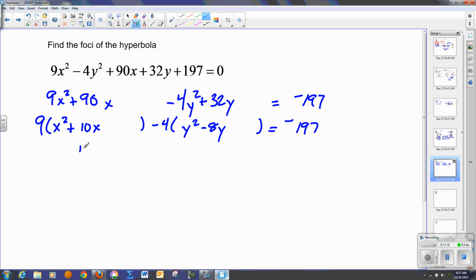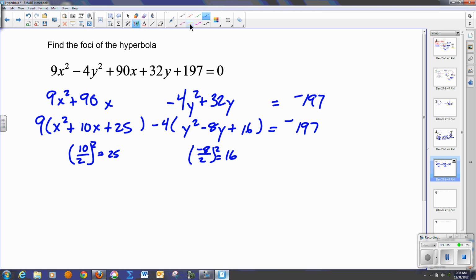Complete the square, so I'm going to take half of 10 and square it, which gives me 25. And half of 8, the negative type, square that, and I get 16. I'm going to insert those in here.